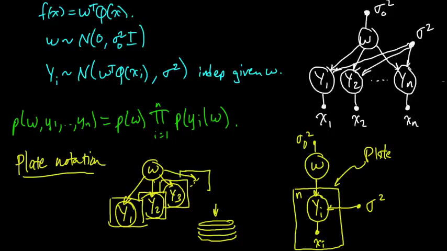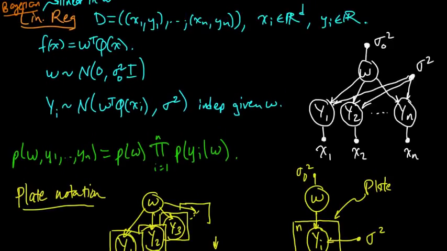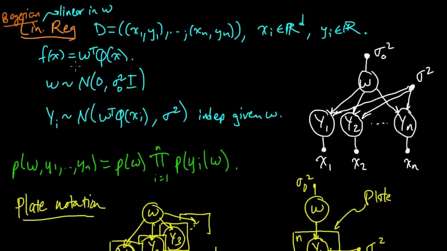Now, one other convention you should definitely know about is in this setup when we're doing Bayesian linear regression. We had these random variables y1 up to yn, and each of them had this distribution. We were using those to model the observed y's.